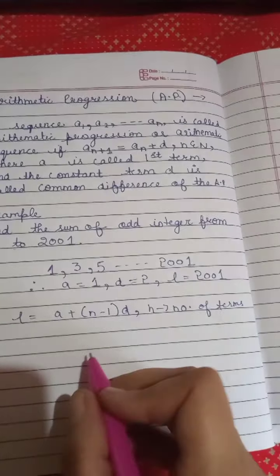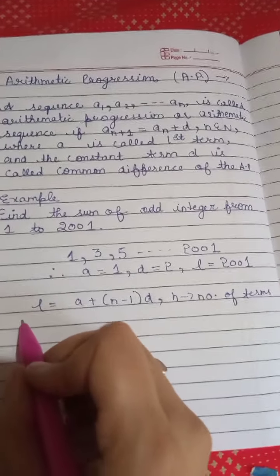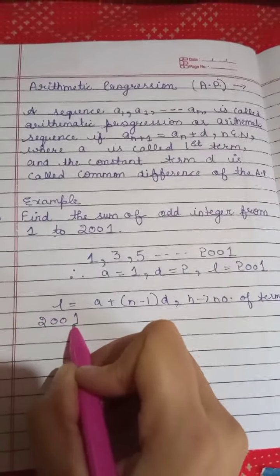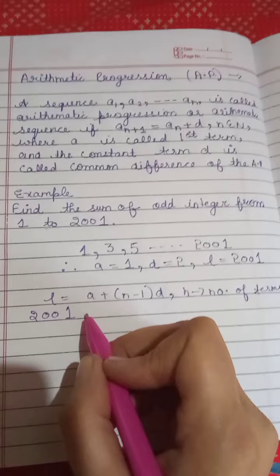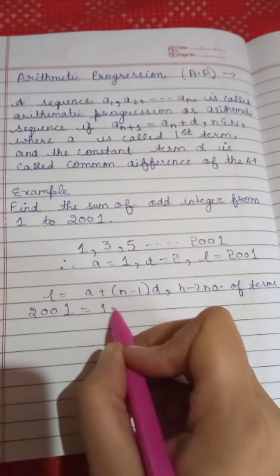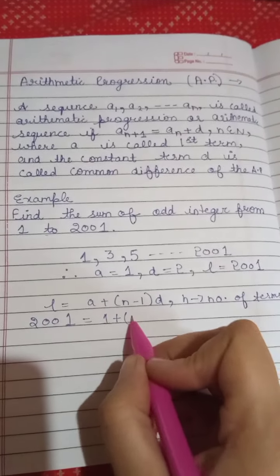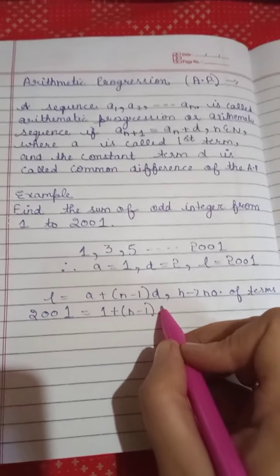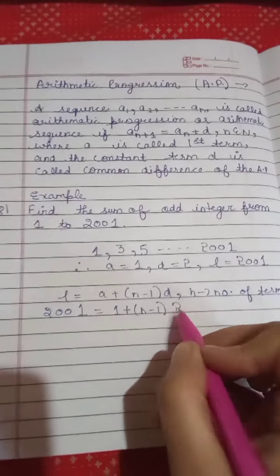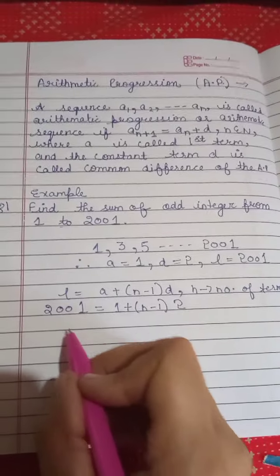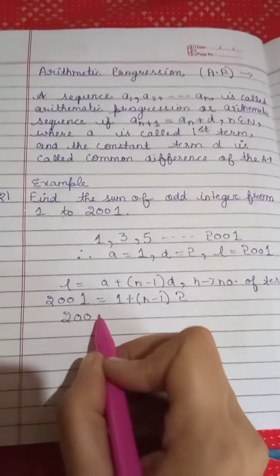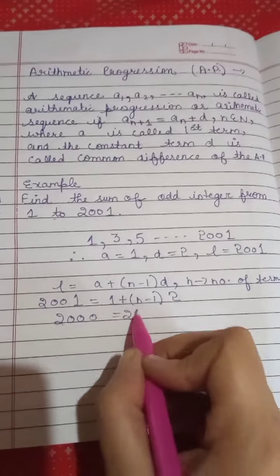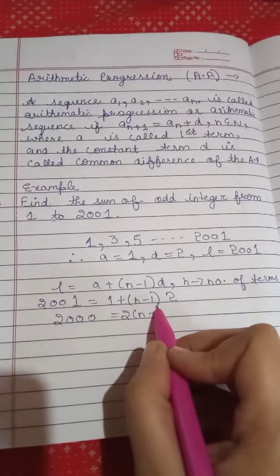So we get 2001, the last term, is equal to a, which is 1, plus (n - 1) into d, the difference. Our d is 2. So 2001 minus 1 is equal to 2000, which is equal to 2 multiplied by (n - 1).